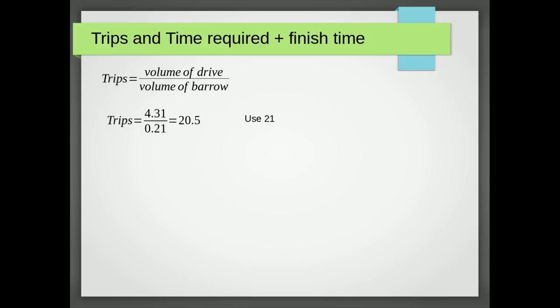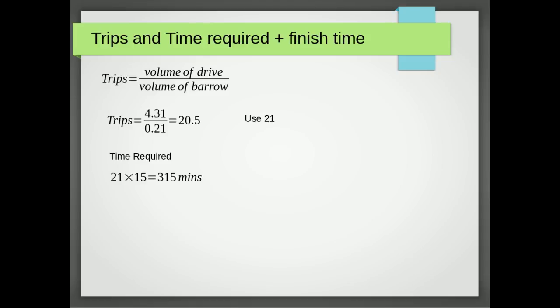The time required, well, it's 15 minutes for each of those trips. So the time required is going to be 21 times 15, which gives us 315 minutes. Now I want to change that into hours and minutes, because when we're going to get the finish time, obviously we tell the time in hours and minutes. Now 1 hour requires 60 minutes, so how many lots of 60 go into 315?